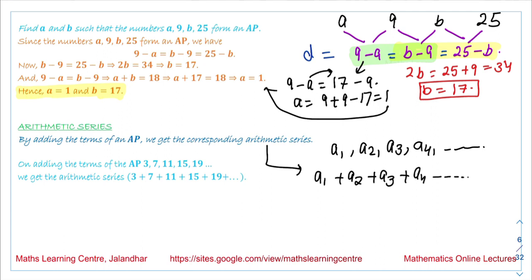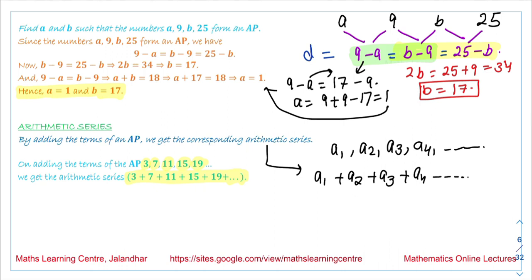For example, if the AP is 3, 7, 11, 15, 19, then the corresponding arithmetic series is 3 plus 7 plus 11 plus 15 plus 19 and so on.